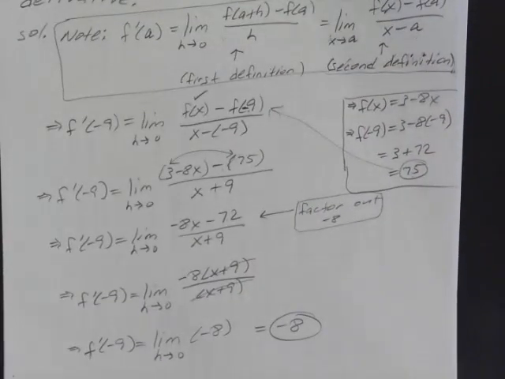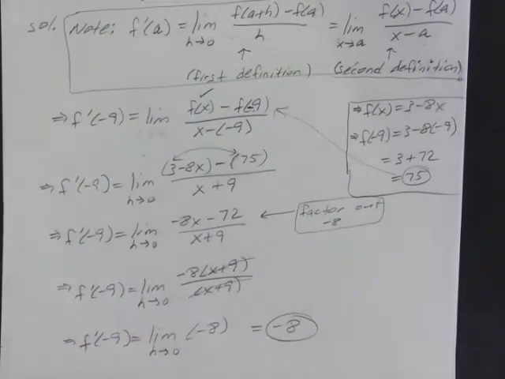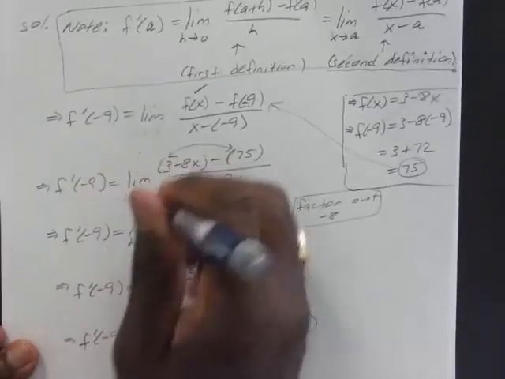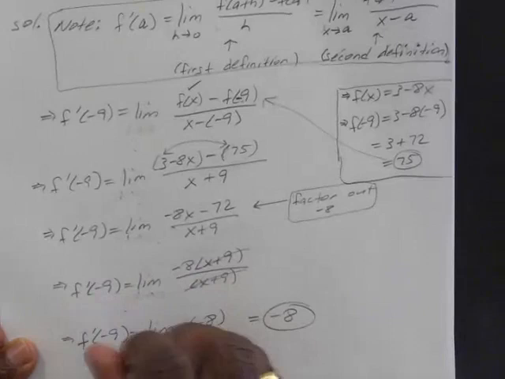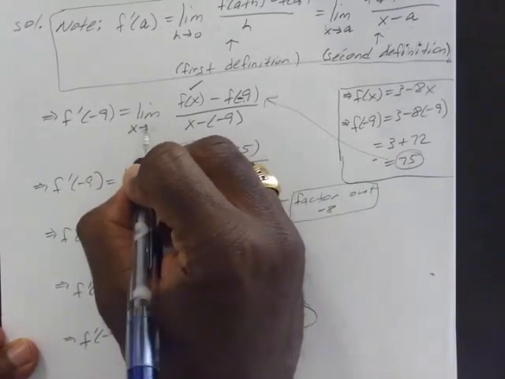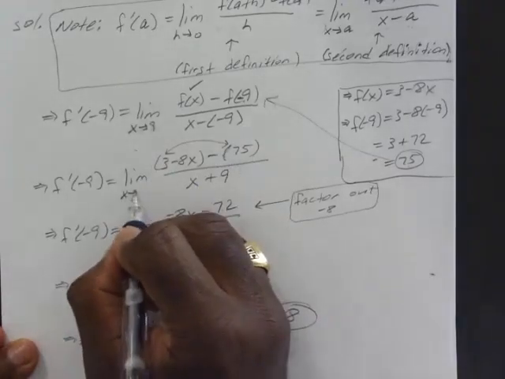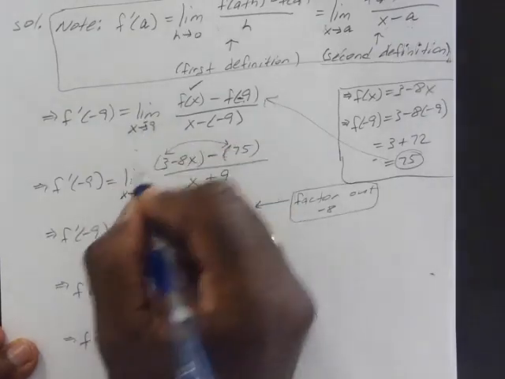Yeah. Okay. So if you want to, you can say as x approaches a, or x approaches -9 in this case, just to keep it the same all the way through.